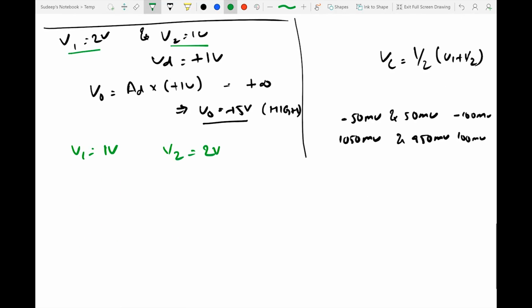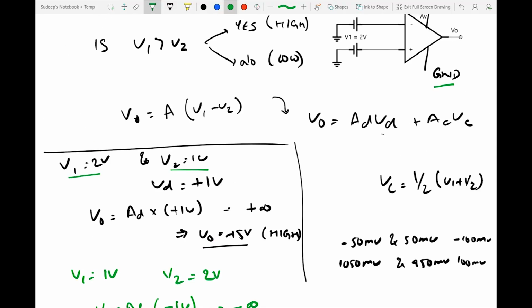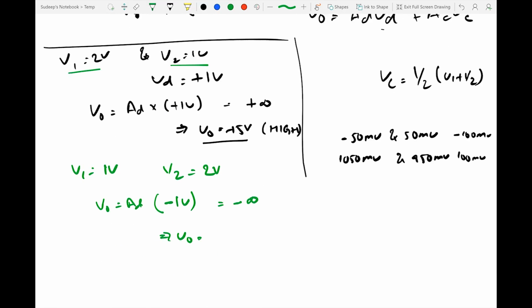Now when we do this, we again would go with the V output of a differential amplification of -1 volt. Now we're trying to come up with a value of minus infinity as the output voltage, which is not possible. It would go to the lower value over here, which is ground, which would give us a value of V0 as 0 volt, which is a logic low.